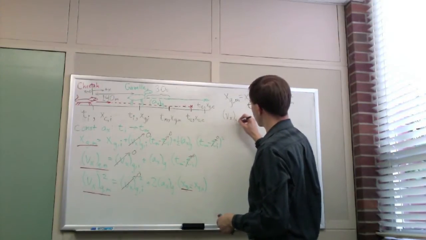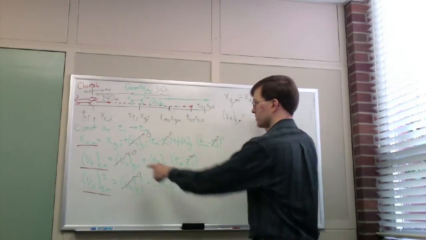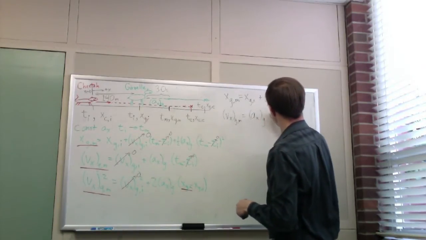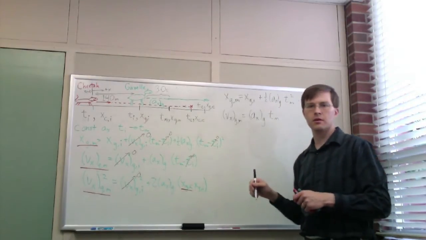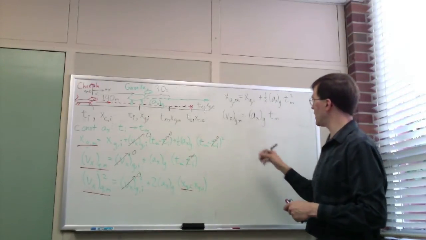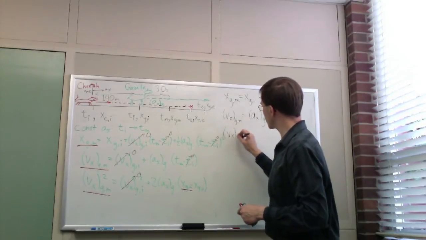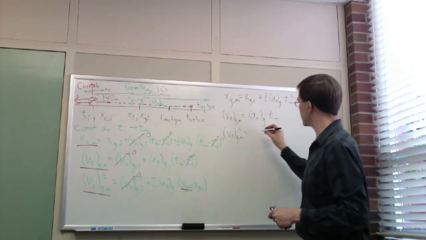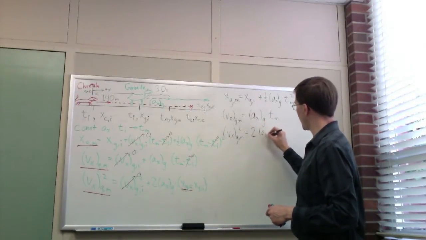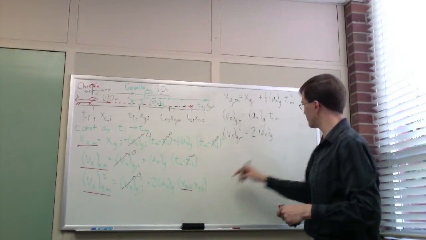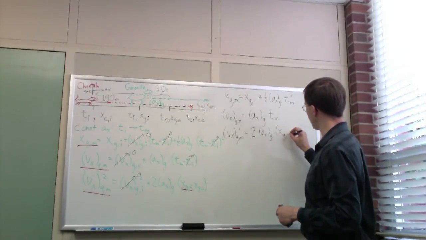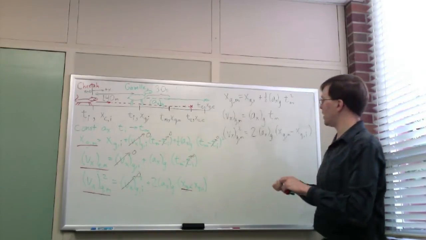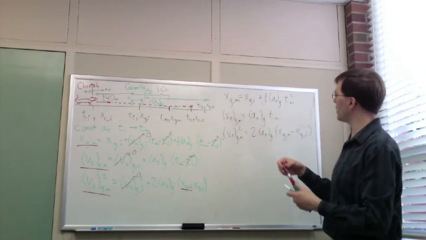Vx gazelle maximum equals 0 plus ax for the gazelle times the time it takes to get to its maximum speed. And the last one, Vx gazelle maximum squared equals 0 squared plus 2 times ax for the gazelle times x gazelle maximum minus x gazelle initial. Okay, I put that all together, underline my unknowns.